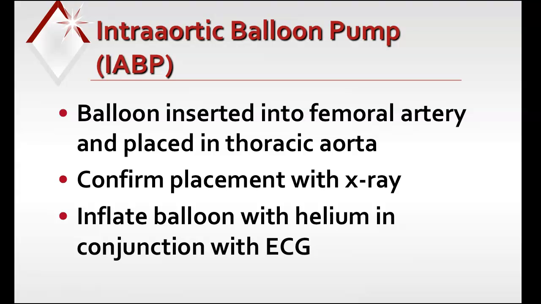After placement, just like almost everything else, we confirm placement with an X-ray. Then a pneumatic device fills the balloon with helium at the start of diastole, and it deflates just before the next systolic contraction. The ECG is the trigger used to start the deflation on the upstroke of the R wave.